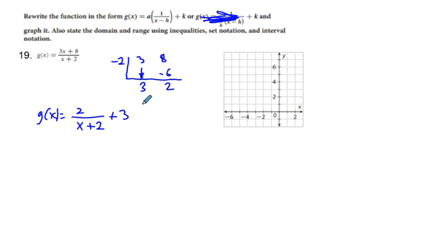And then, so we have our center at h equals negative 2, 3. So we go to negative 2. And y equals 3.